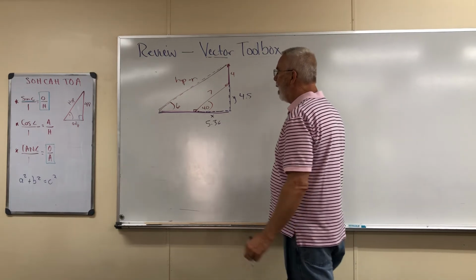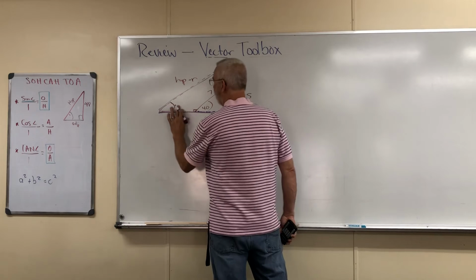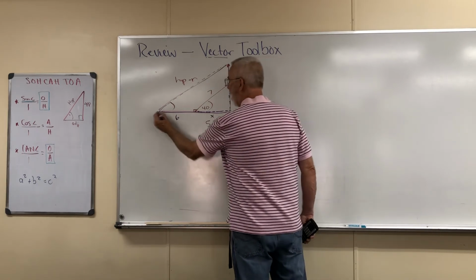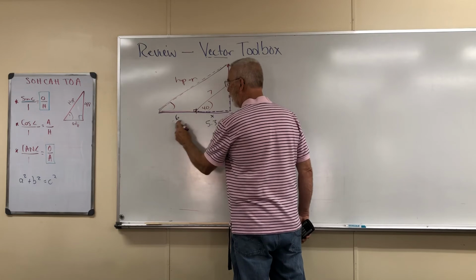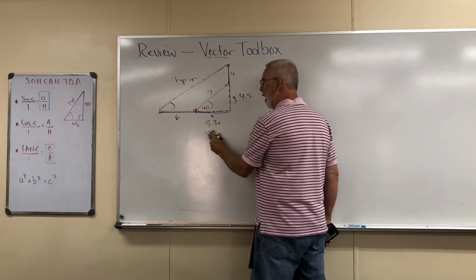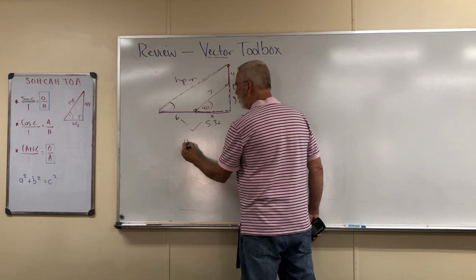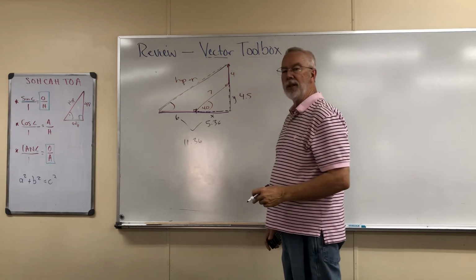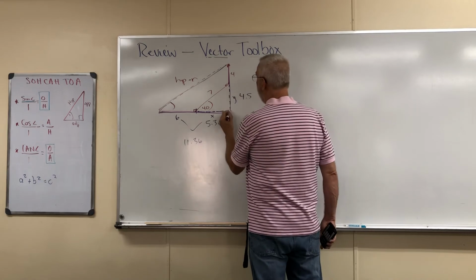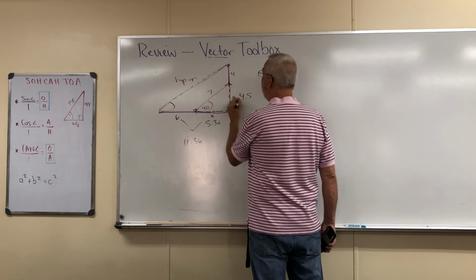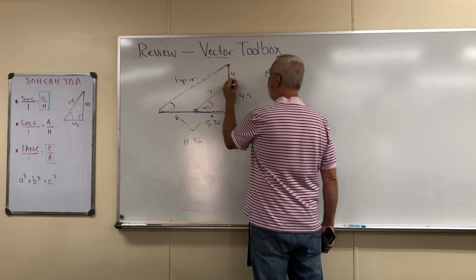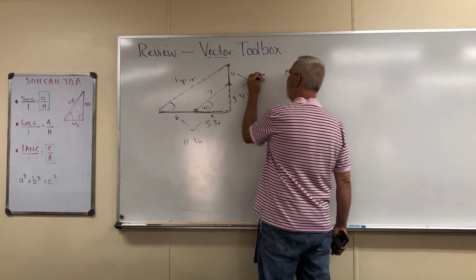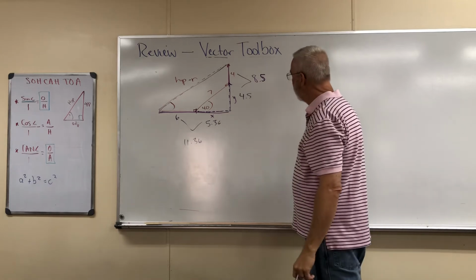Okay, so now, let me move this 6 right here, makes it easier to see. This line segment right here is 6. This extension is 5, so the sum of those is 11.36 along that x-axis. And the y value is 4.5 to here, and then from here to here is 4, so the sum of those is 8.5. Whoops, I know my 5s look a lot like an S, I apologize.